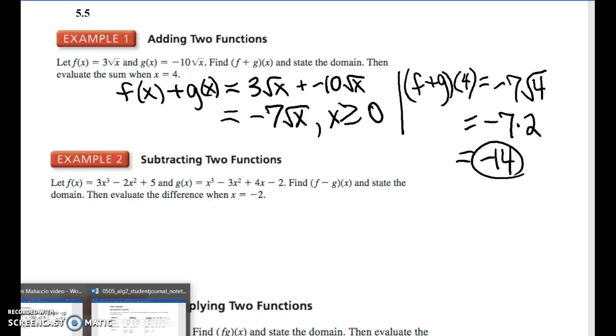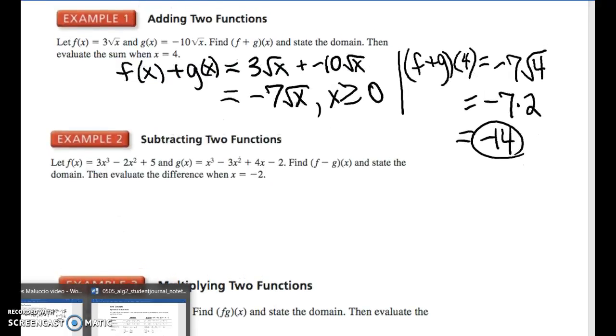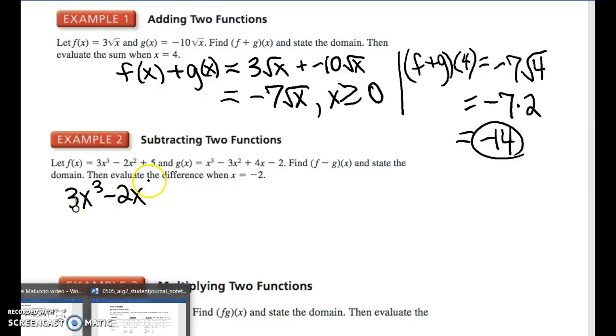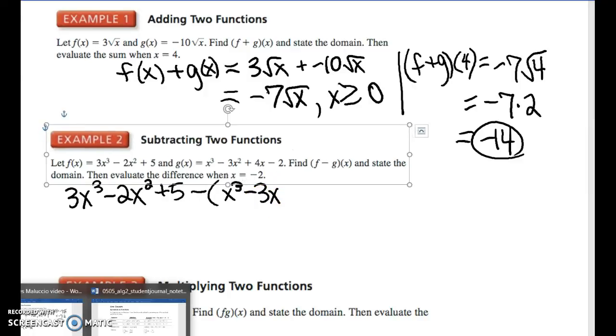If we want to subtract functions, so we want to take f of x and subtract g of x, we would take 3x to the third minus 2x squared plus 5, and then subtract x to the third minus 3x squared plus 4x minus 2.